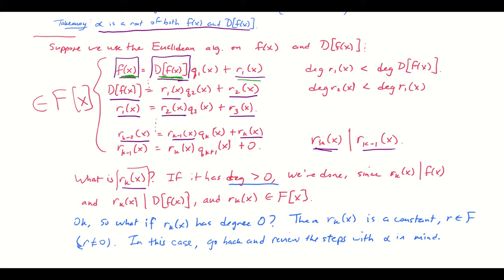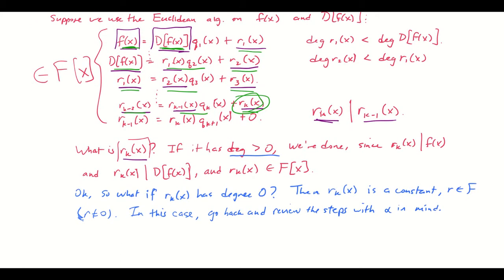So r1 of x must also evaluate to 0 at alpha, because if you evaluate the whole equation at alpha, we need to get equal values. This is 0 and this is 0. So this would also better be 0. Same with the next step. This evaluates to 0 at alpha. This evaluates to 0. Therefore, this must as well. And inductively, you can go through and see that every step, each remainder has to evaluate to 0, including rk of x.